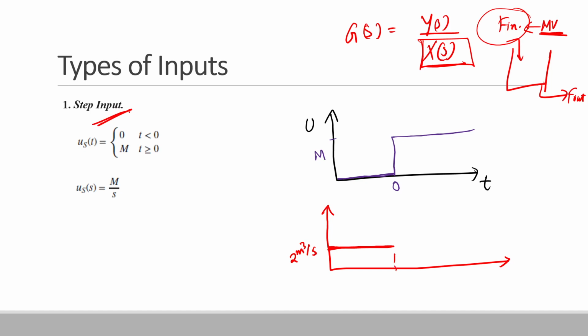Now at time instant, let's say t is equal to k, I change the flow rate from 2 to 4 and then keep that constant. That is, at time t equal to k, I am increasing the flow rate to 4 meter cube per second.